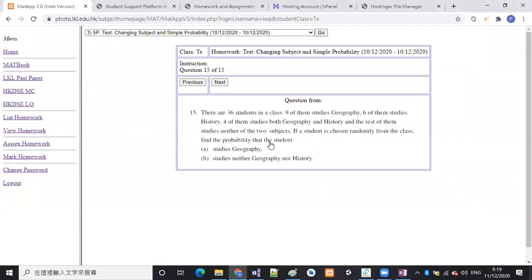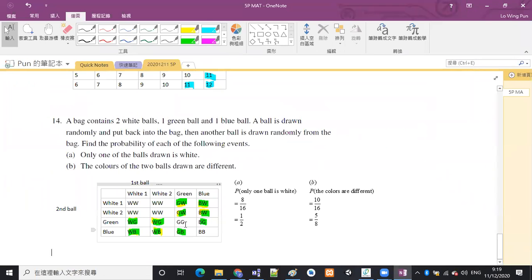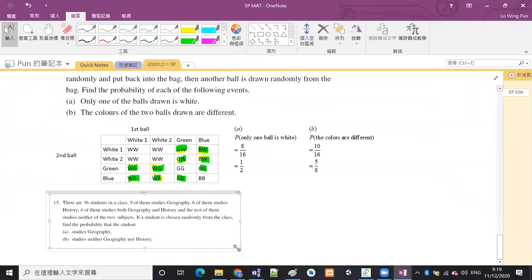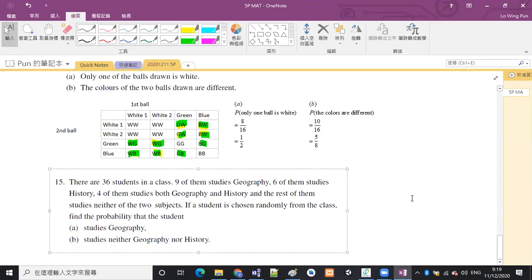Last one, number 15. There are 36 students in a class. 9 of them studies geography. 6 of them studies history. And 4 of them studies both geography and history. And the rest of them studies neither of the 2 subjects.